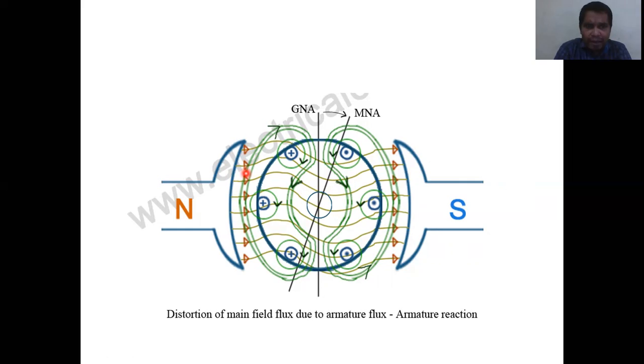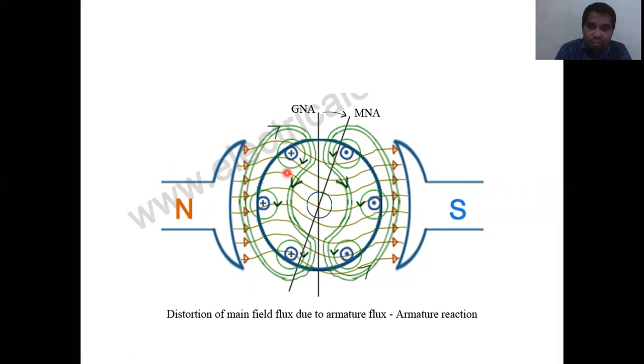So you should keep in mind that whenever the main flux changes, it will automatically affect your EMF, because what is the EMF equation we have already studied? Eg equals Z n phi divided by 60 times P by A. So phi is the main flux. Whenever the main flux changes, your induced EMF will also change. So armature reaction will affect your generator voltage.